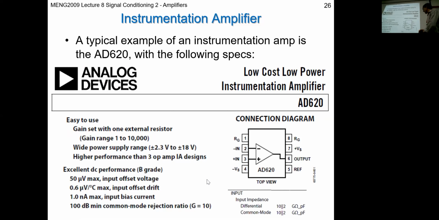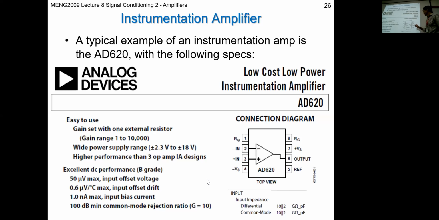It will have pins down the side, the little silver legs that come out of the microchips. That's what these represent, and you connect them up in a particular way. It tells you on this data sheet. This is just a small extract, but it tells you what the pin out is for this particular instrumentation amp.